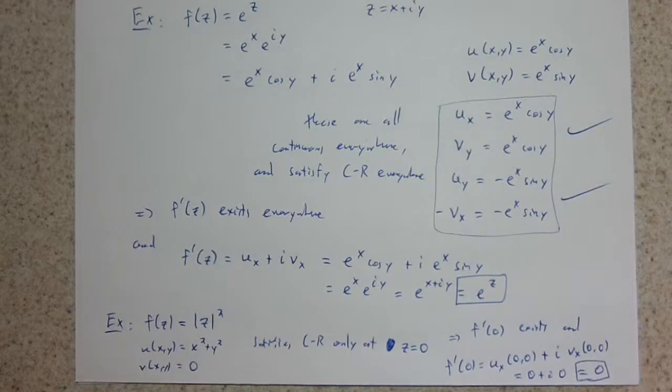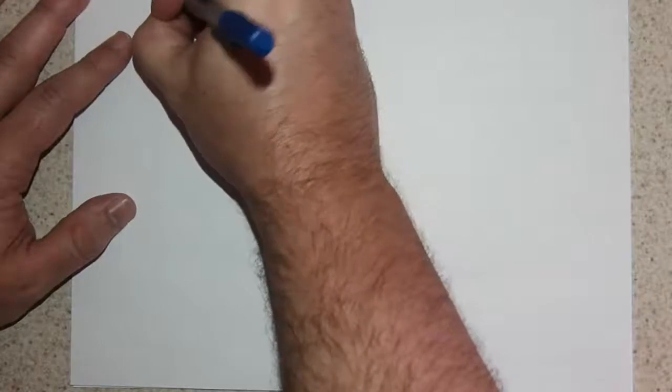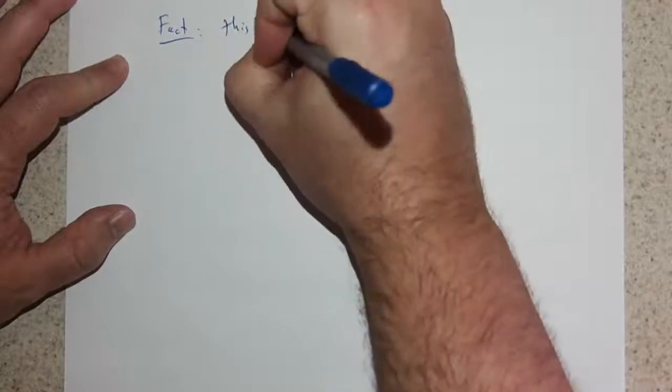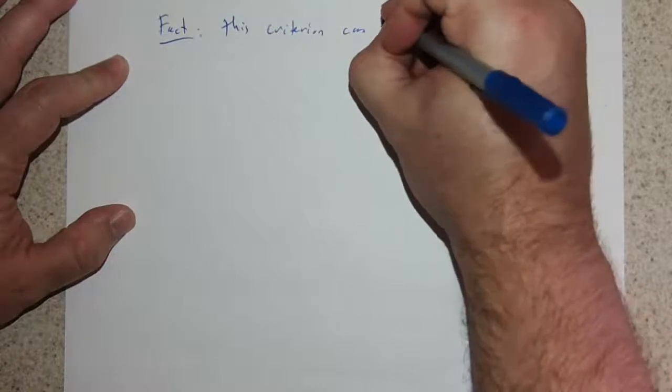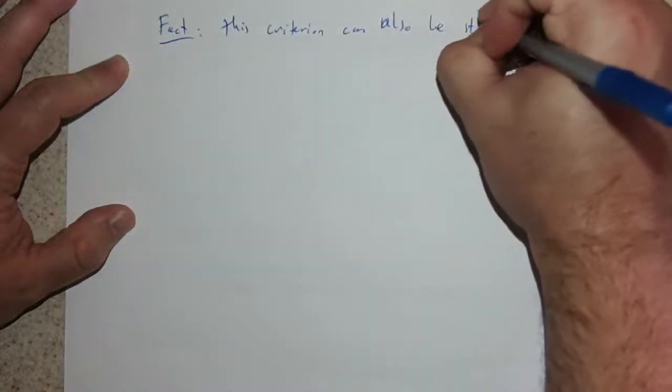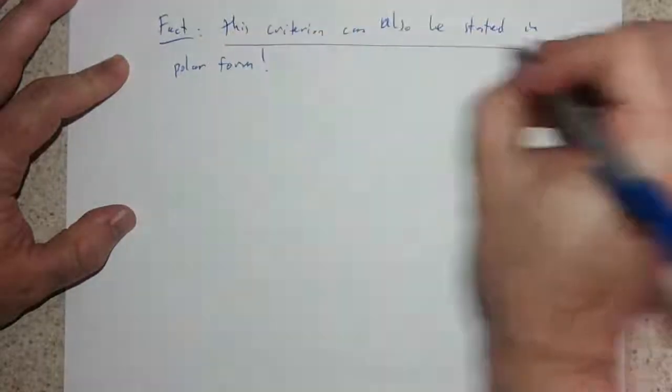All right. So I don't see any questions about that, so I'll move on to the next thing, which is to say this can come in handy sometimes. The following fact, this criterion, can also be stated in polar form.